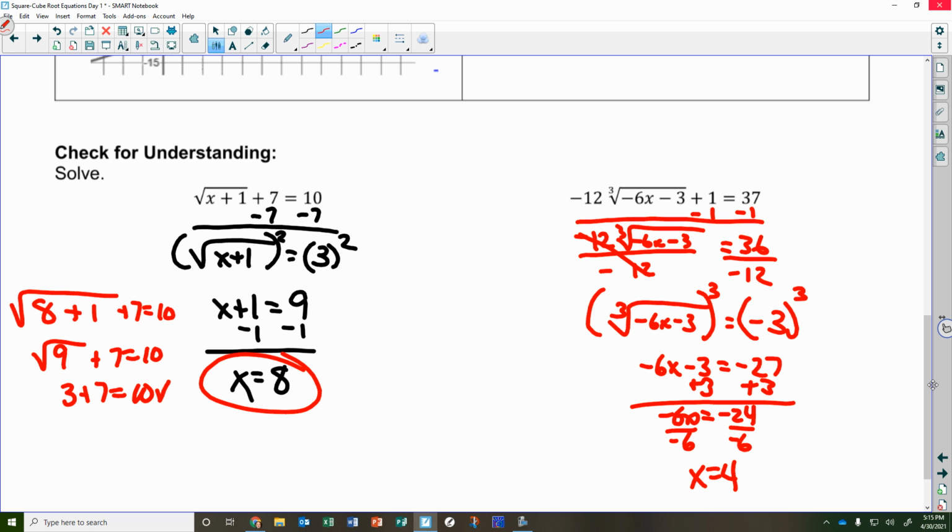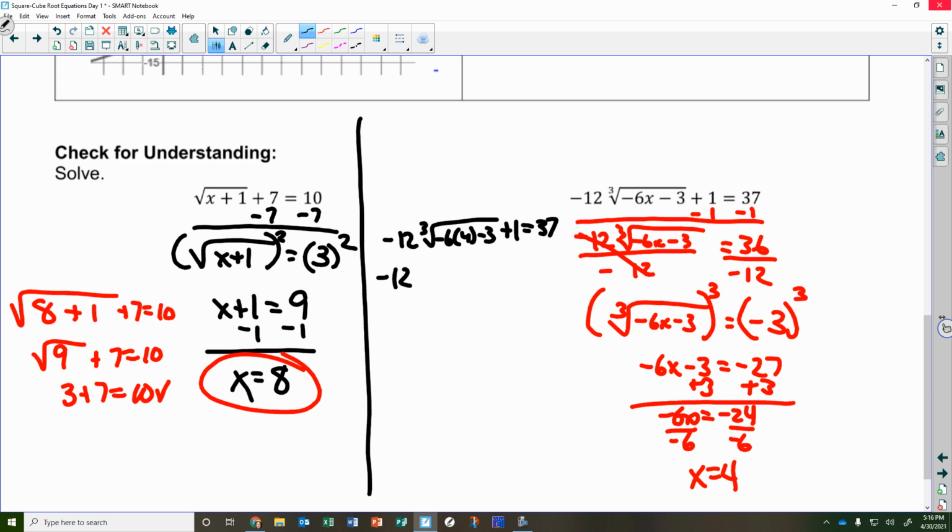And again, I can check it, because if I plug it back into the equation, negative 6 times 4 minus 3, plus 1 equals 37. Well, inside the cubic root, negative 6 times 4 is negative 24, and then minus 3 is negative 27.